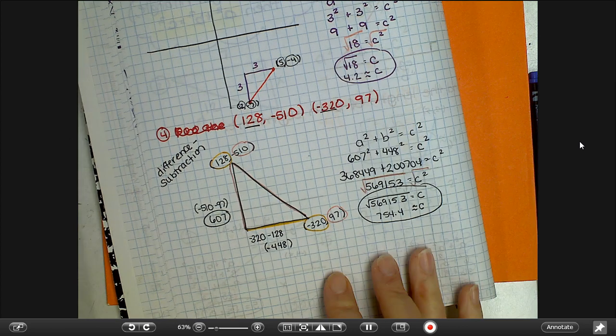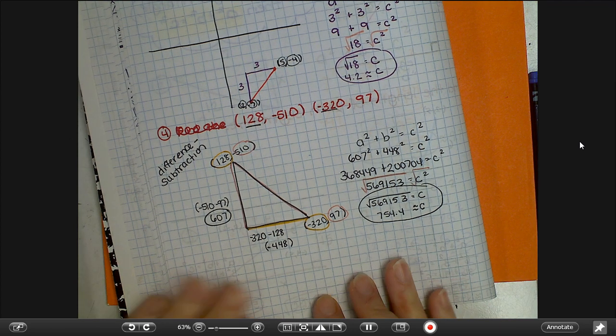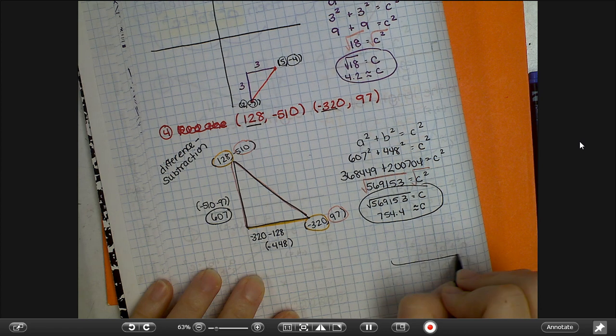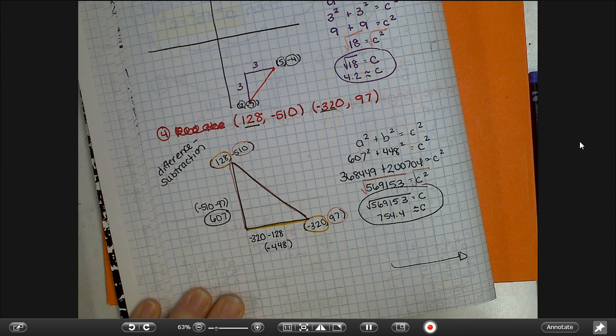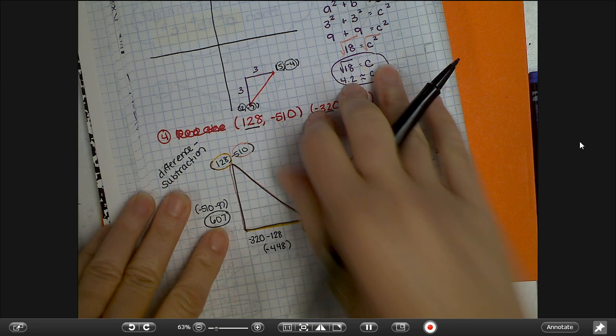And that is kind of an annoying process to do. And so what happened is we can use the Pythagorean theorem to discover the distance formula. But before we do that, I want you to try the problem on the next slide, and we'll talk about it in a minute.